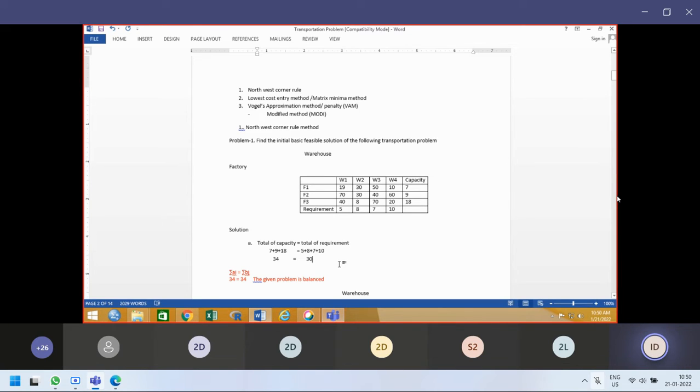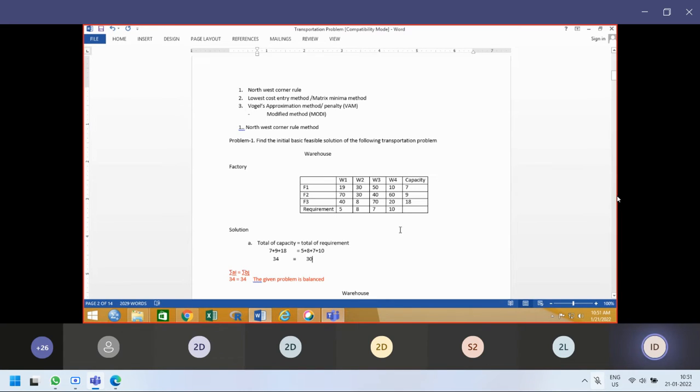In case whenever you want to make it balance, first of all we are checking what is shortage. Requirement is shortage, right? Okay, requirement is shortage. How much shortage is there?